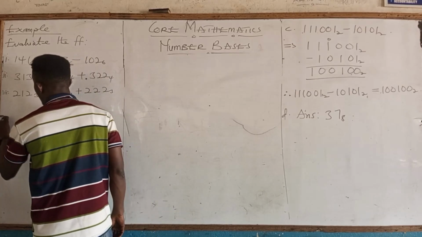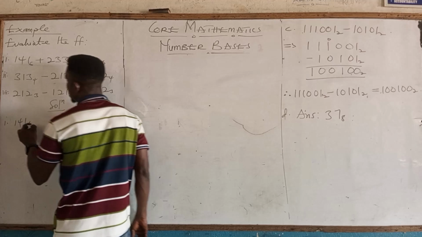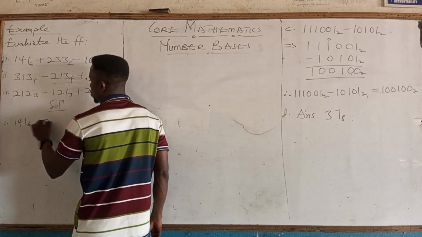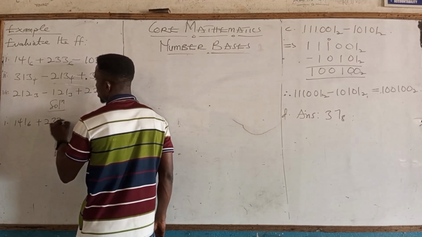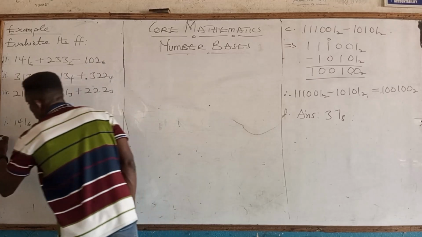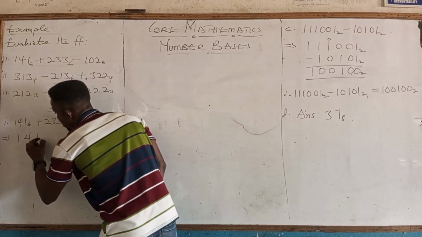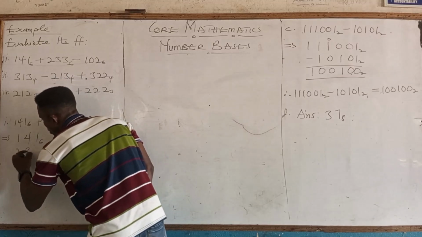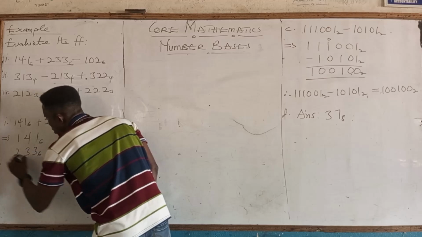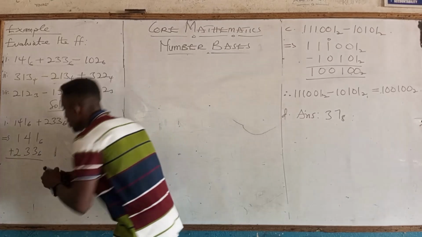I have my I, which is what? 141 base 6 plus 233 base 6 minus 102 base 6. And this one will get me 141 base 6 plus 233 base 6. So here's my plus. Adding this one will get me 4.